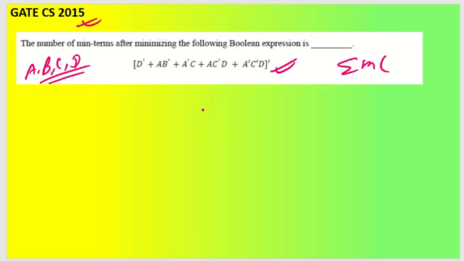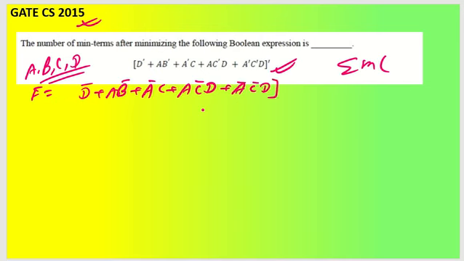We have the function, which is D bar plus A B bar plus A bar C plus A C bar D plus A bar C bar D, the whole bar. Now can we do one thing: from the last two terms I can take C bar D common.